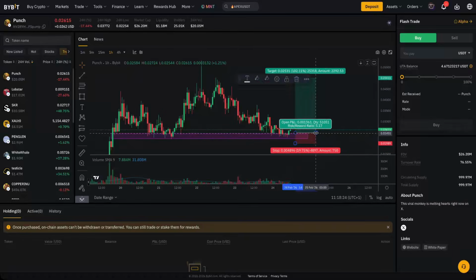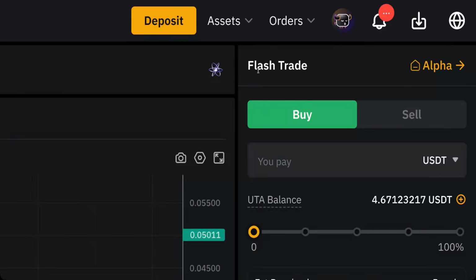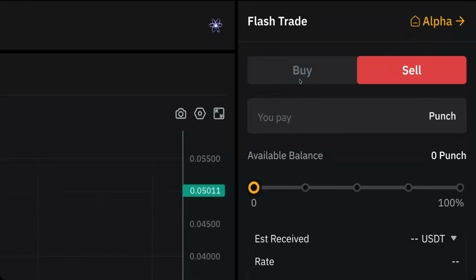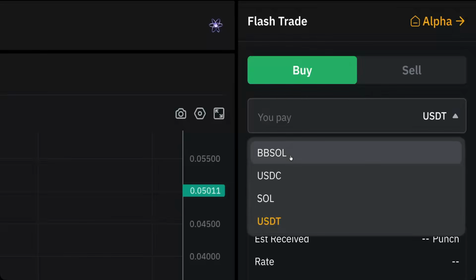Now, once you look at all of these things and you want to buy, you see right here we have the buy and then the sell button. So the money you use to buy, you can use USDC. You can trade this using BB Sol. You can use USDC, you can use Solana, and then you can use USDT.